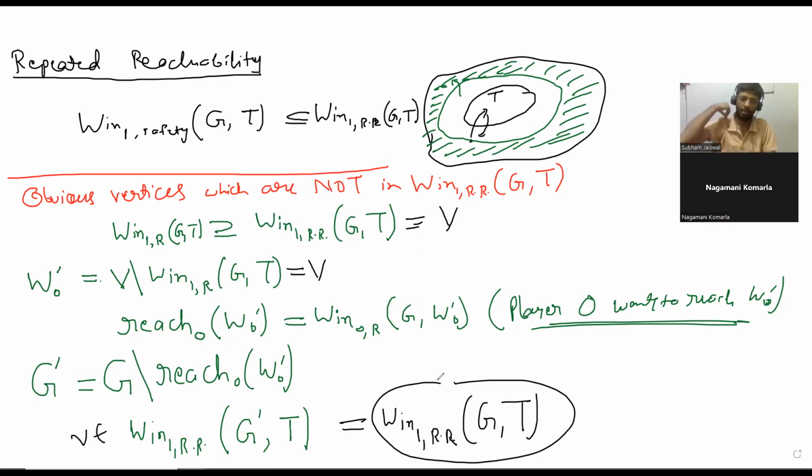You try to show both the directions: that if V is in win1 RR of G prime, then it is in this. And if it is in this, then you actually don't lose it while going to the smaller graph, which is also what we have already done.